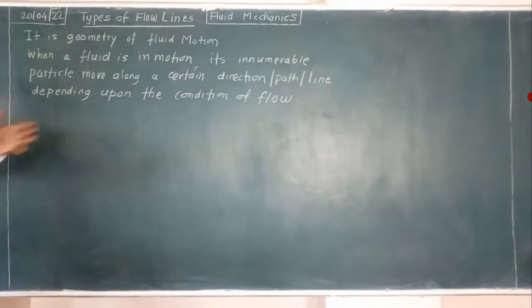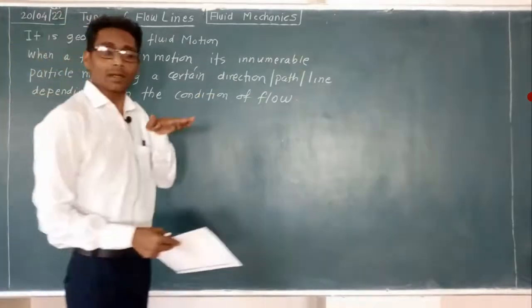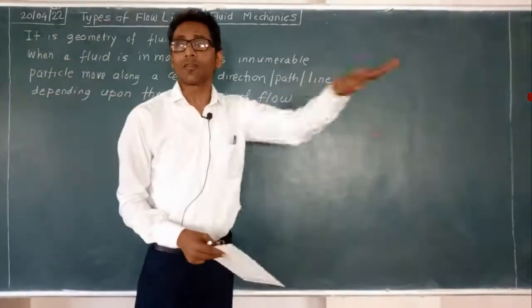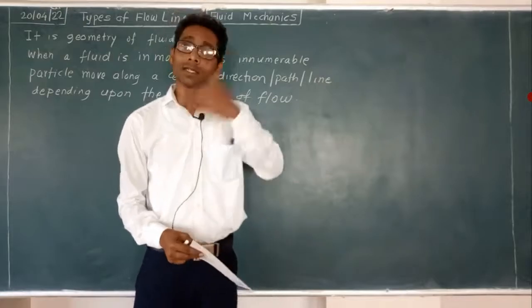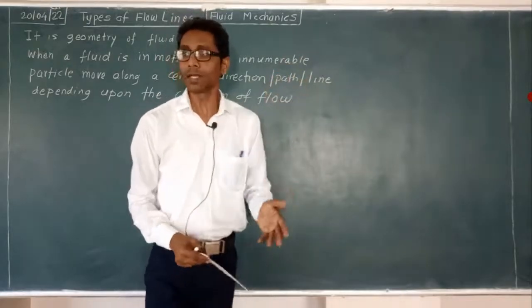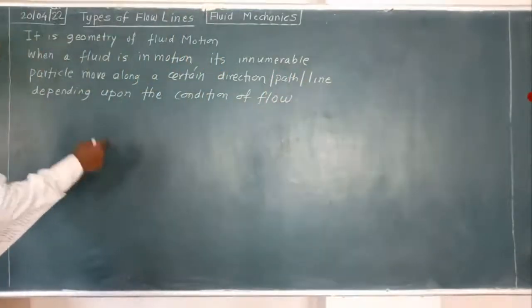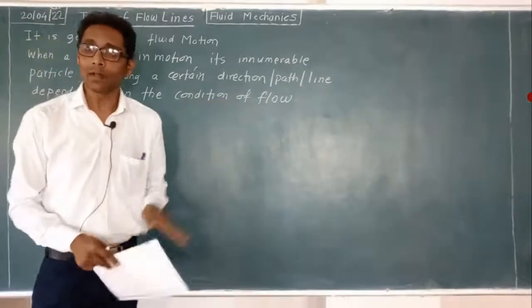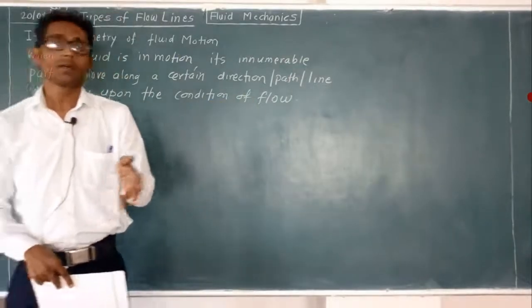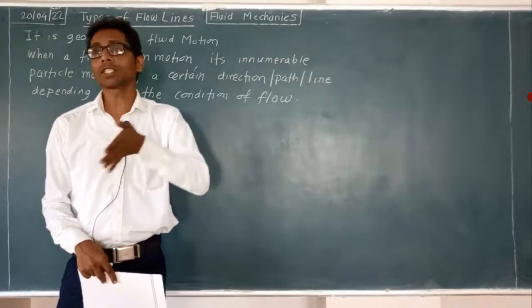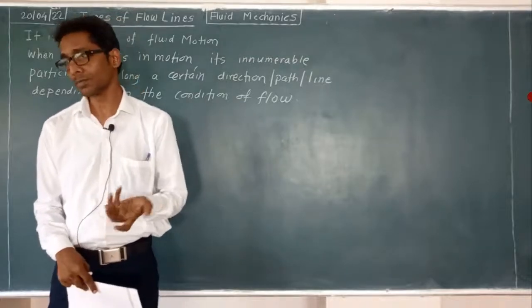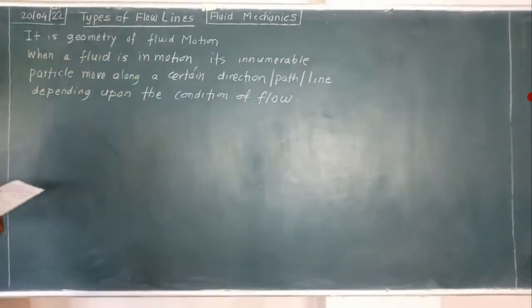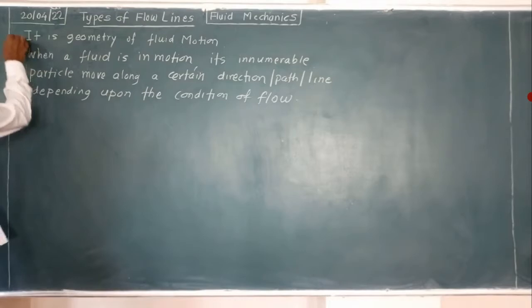If the velocity is low, then we get a laminar flow. When the velocity is higher, we get turbulent flow. Again, condition means if the flow is through a pipe, we have internal flow; when the flow is in a channel, external flow.